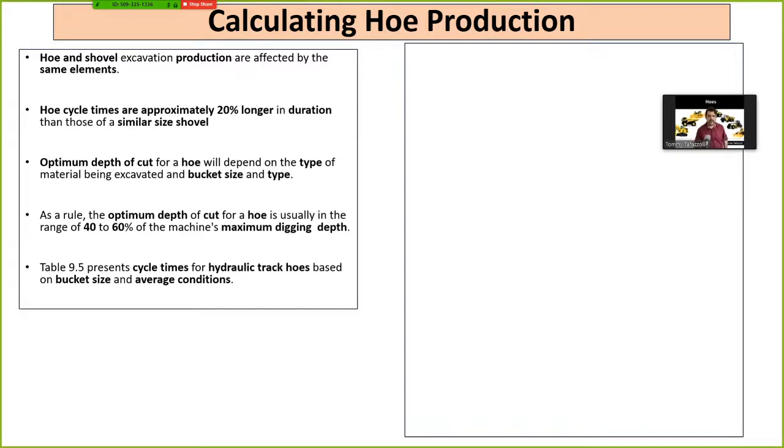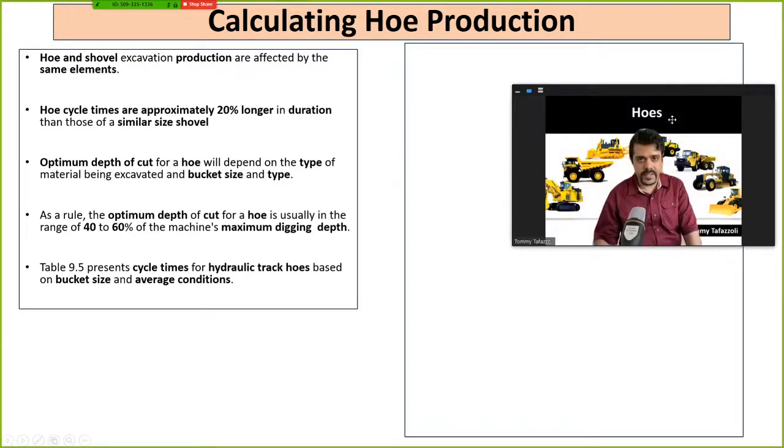So the optimum depth of cut, as a rule of thumb for a hoe, is between 40 to 60% of the machine's maximum digging depth. Whatever the maximum digging depth of the machine is, 40 to 60% of that would be the optimum depth of the cut.